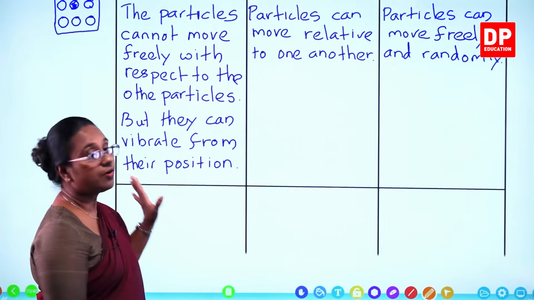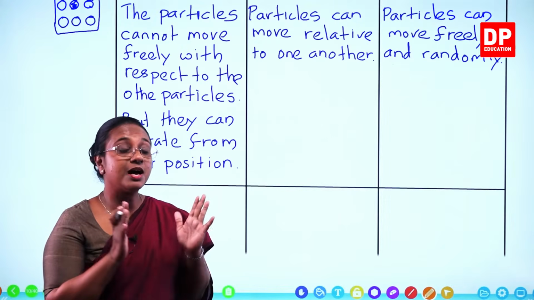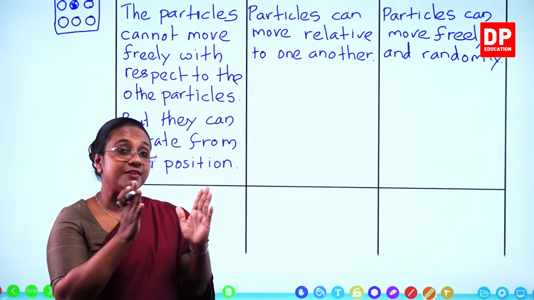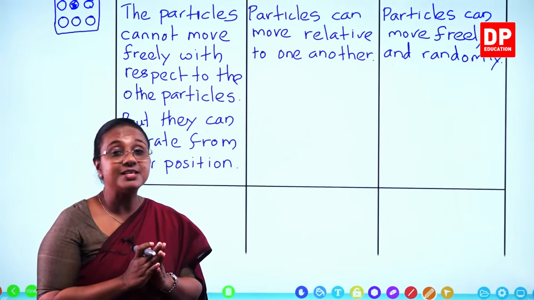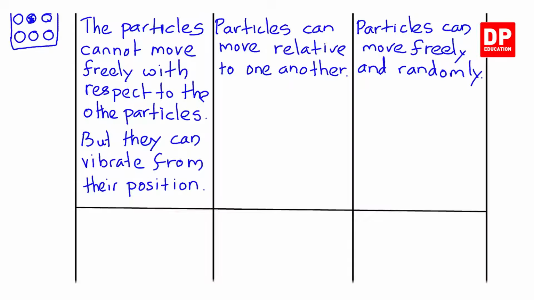So because of all these, you saw that in the solids the particles are organized in a proper manner. So because of that they were very close to each other. So there is very less space between the particles of the solid. So here we can say there is less space.